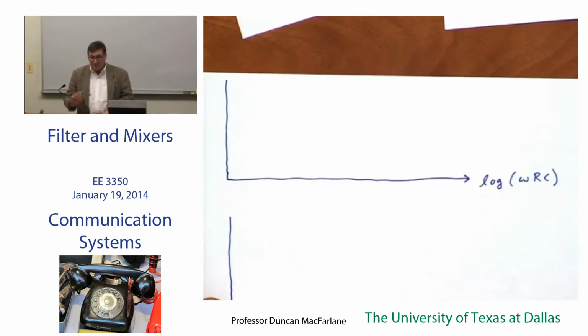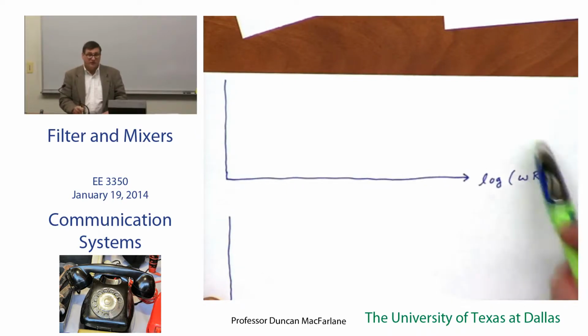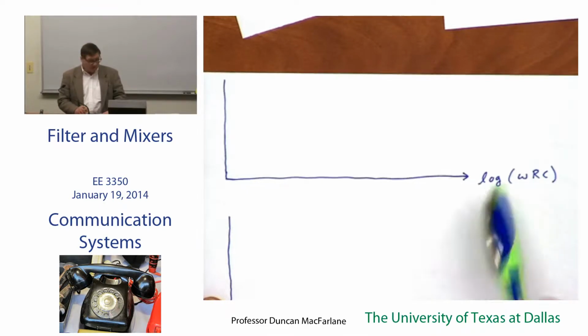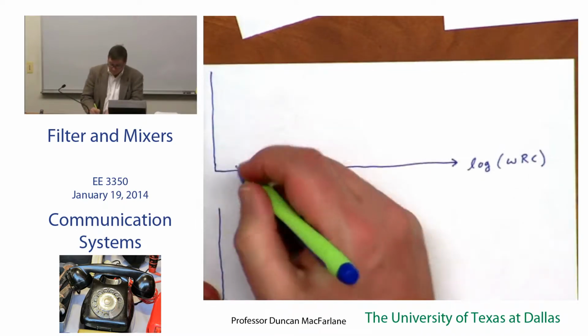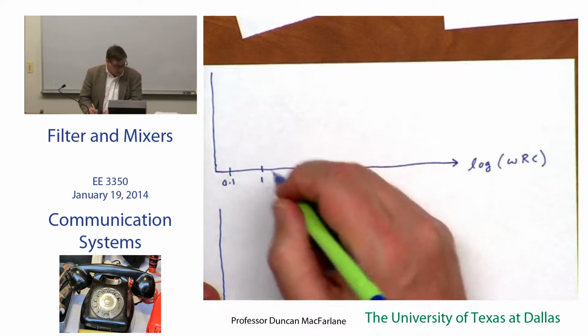So the omega RC is there because of the natural relationship of the transfer functions, and the omega gets normalized, in dimensionless units, to the RC. Okay, 1 over seconds multiplied by seconds, and then the log allows me to express a very large range of frequencies in a reasonable manner.